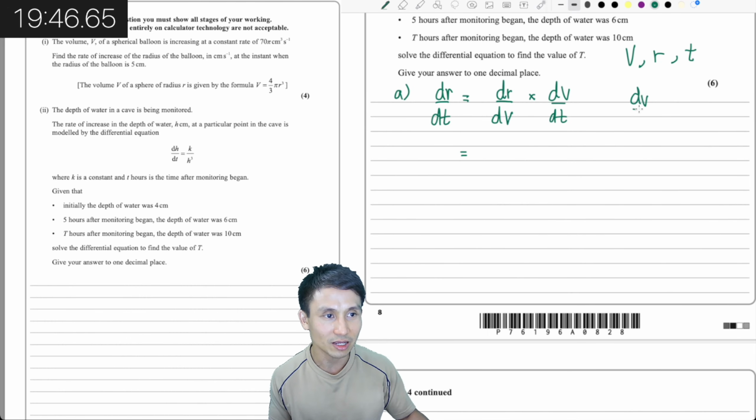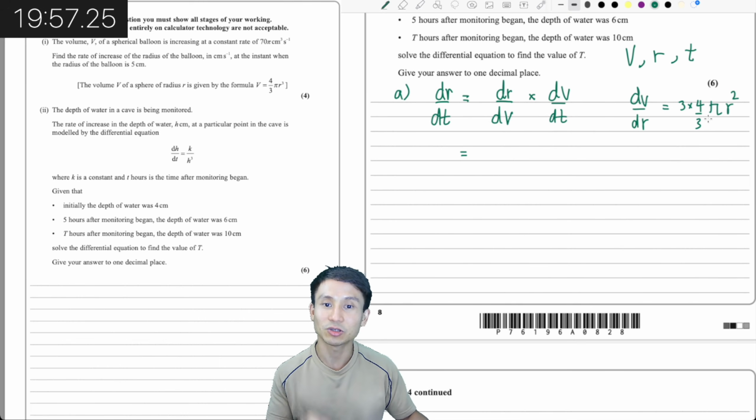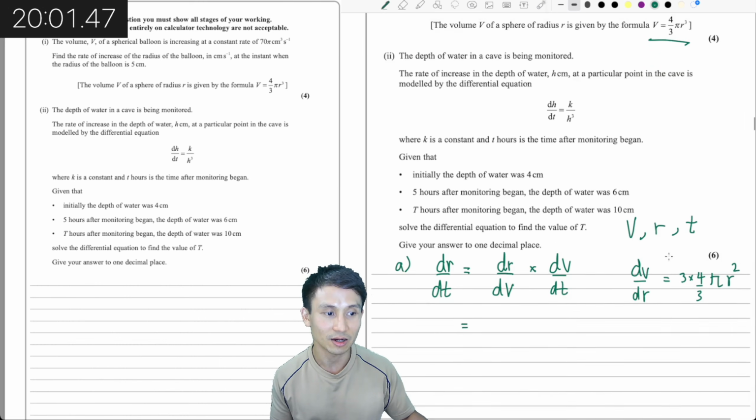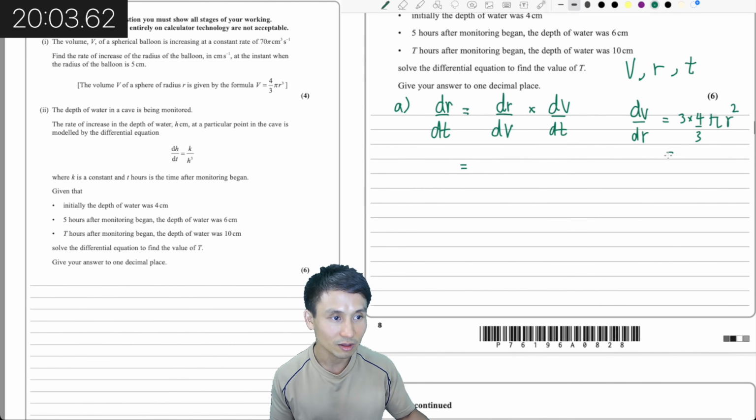So dV by dr is just by differentiating the volume formula with respect to r. So you would get 3 times 4 over 3 pi r squared. I'm just differentiating this formula right here with respect to r, right? So that is actually a familiar formula.